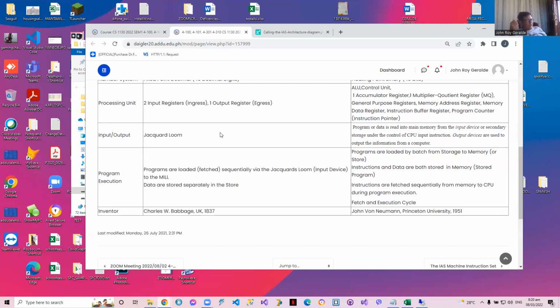As we have shown in our demo, no? Instructions from the Jacquard's loom are fetched one by one and processed by the mill. And from time to time, there will be data transfer from the registers of the mill to the variables in the store. Diba? What's wrong with this process?